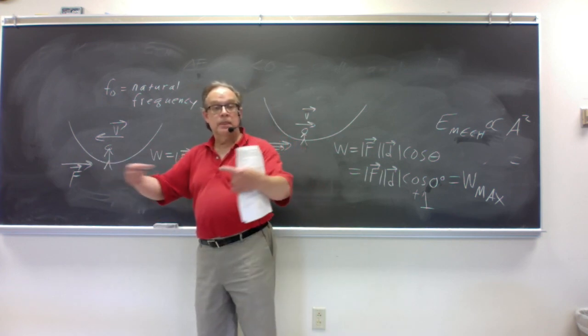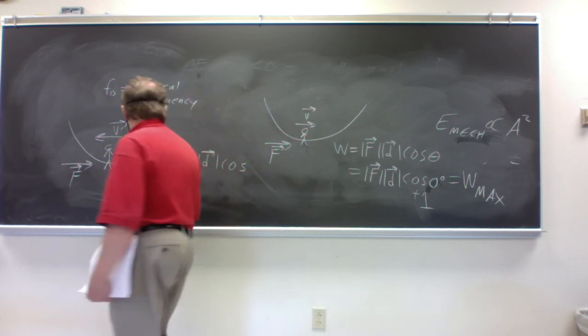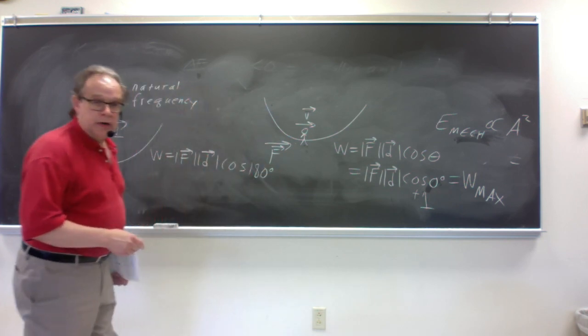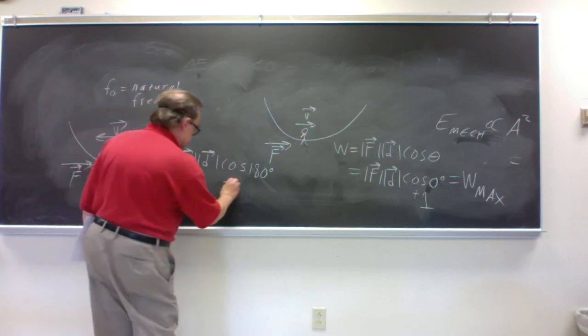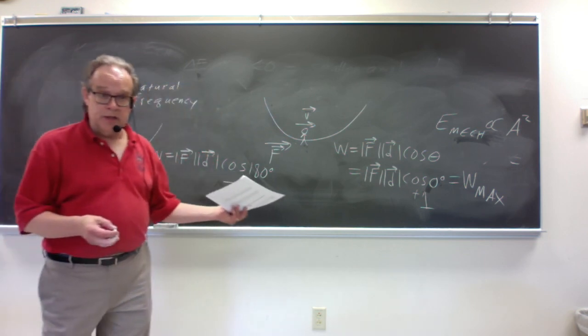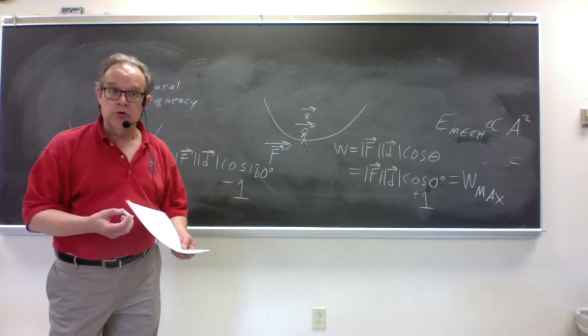So they're 180 degrees apart, and the cosine of 180 is -1. And of course, when you do negative work, you take energy away.